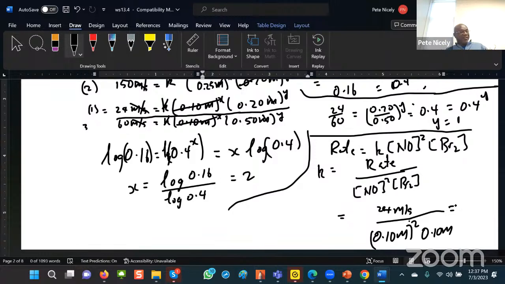So let me do that. 24 divided by 0.1 squared divided by, oh, wait a minute, I made a mistake.